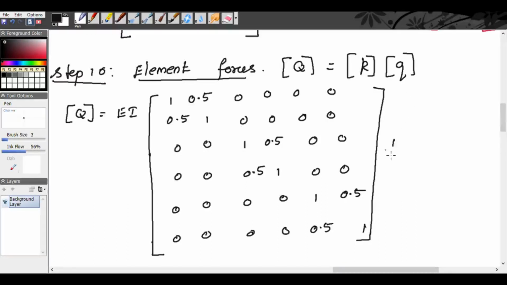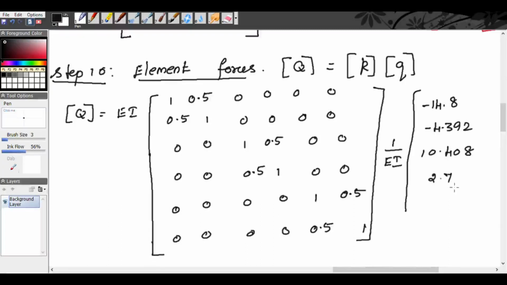Small q, we have found it as 1 by EI into minus 14.8, minus 4.392, 10.408, 2.76, minus 7.059, minus 9.827.